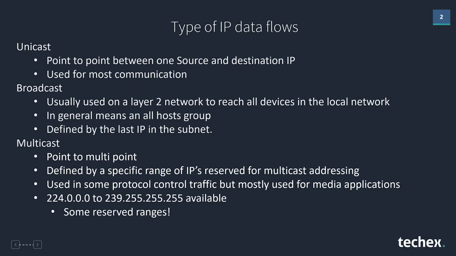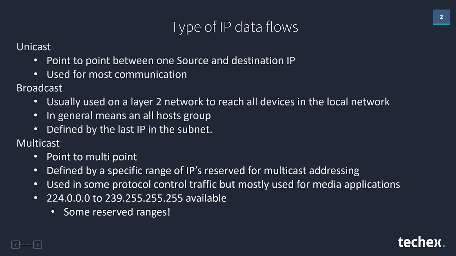As we know, very commonly, we have unicast flows. They are point-to-point, usually between one source and one destination, used for probably a large percentage of communications over networks. You then have broadcast traffic that is usually used on a layer 2 network to reach all the devices inside a local network.